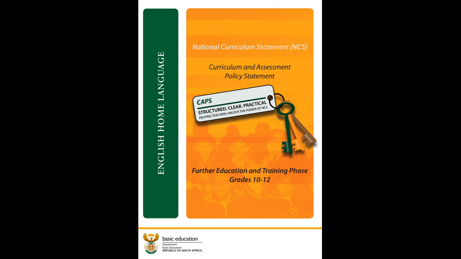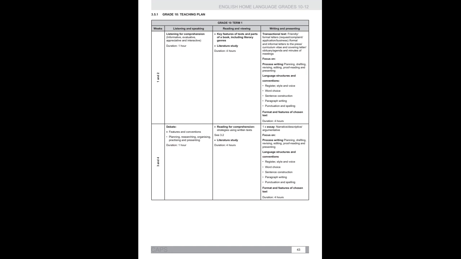Today we are going to be going over this very scary looking part of the CAPS document, which is in fact not scary at all. This is a teaching plan.